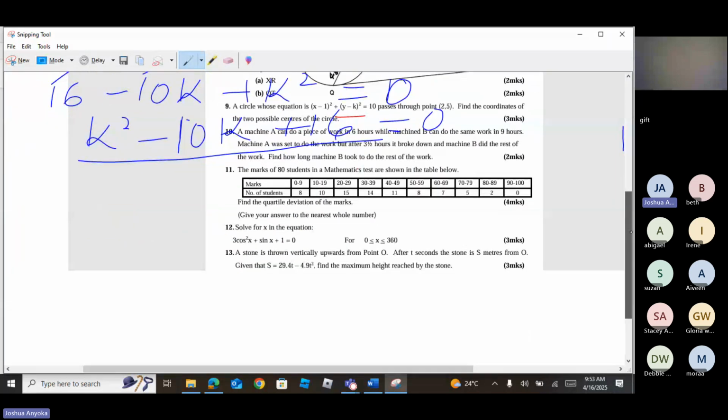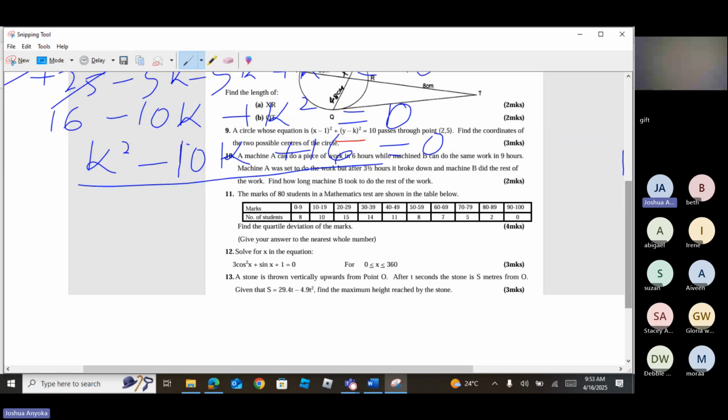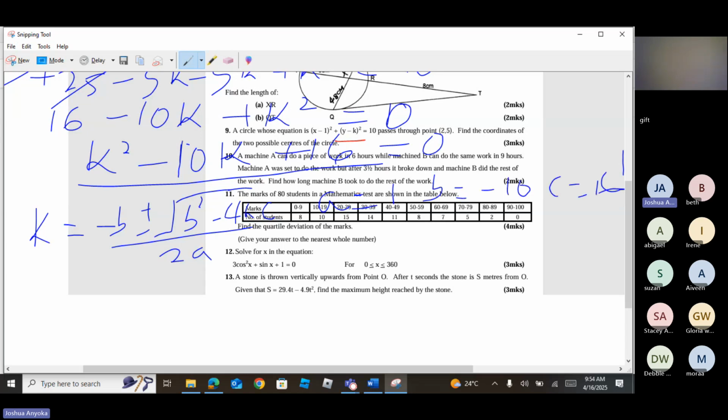Maybe the quadratic formula. k is equal to minus b plus or minus the root of b squared minus 4ac over 2a. Our a is equal to 1, b is equal to negative 10, and c is equal to 16.